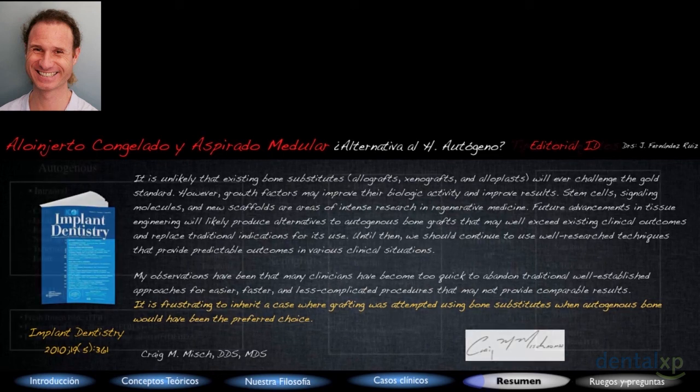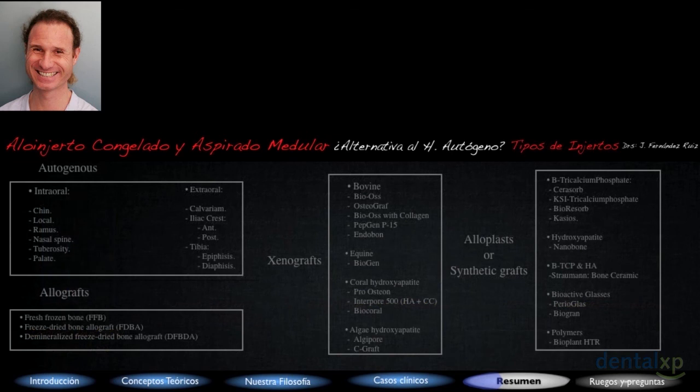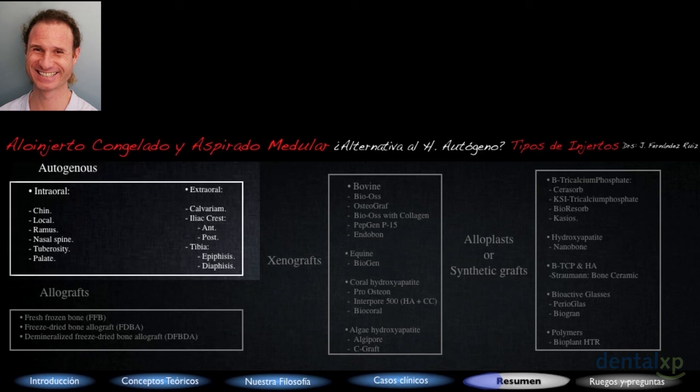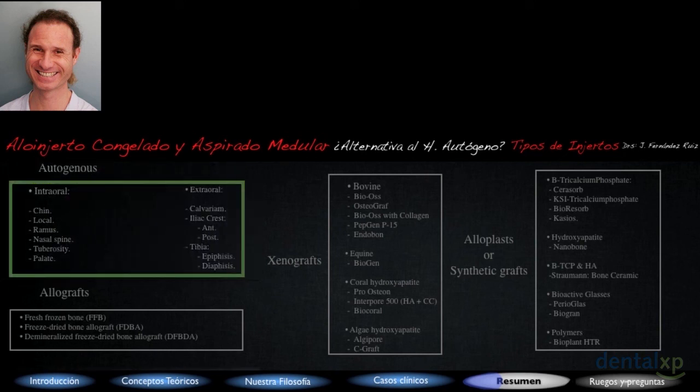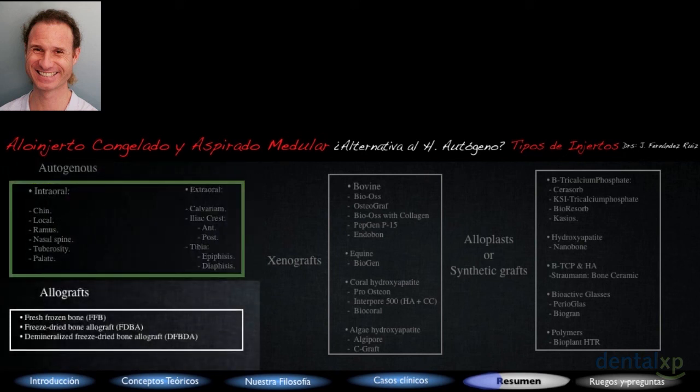And I consider, as I just mentioned, that the autogenous bone graft still is the gold standard. And as an alternative, the allografts, in combination with the stem cell aspiration, will be the choice that I will go for. We also have xenografts or alloplasts that can be used in combination with the previously spoken grafts.